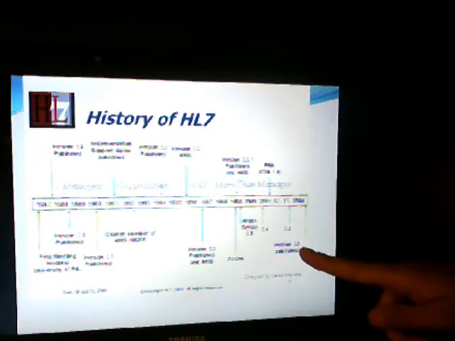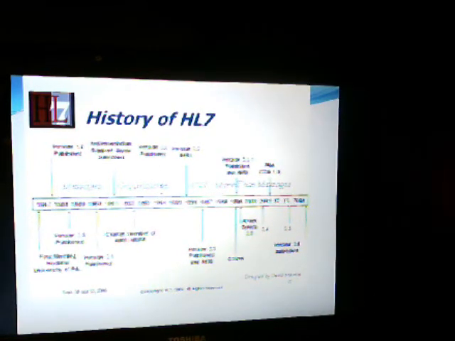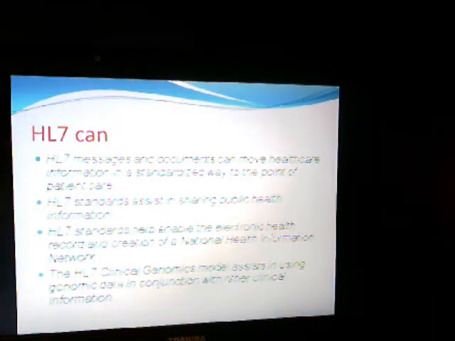The main purpose of the third version is to support all the healthcare workflows, besides the exchange of the data.